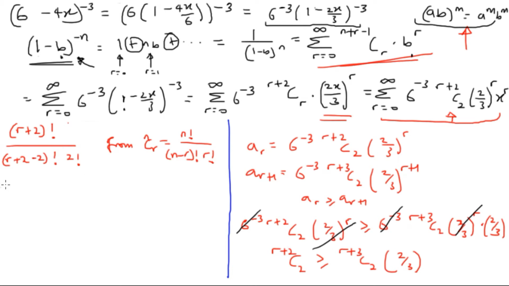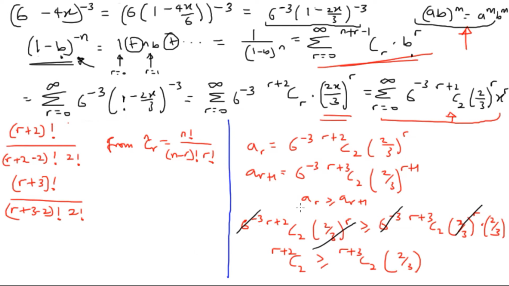Now let me write out that of r+3. R+3 will become (r+3) factorial upon (r+3 minus 2) factorial, then 2 factorial. So that's what it will become.